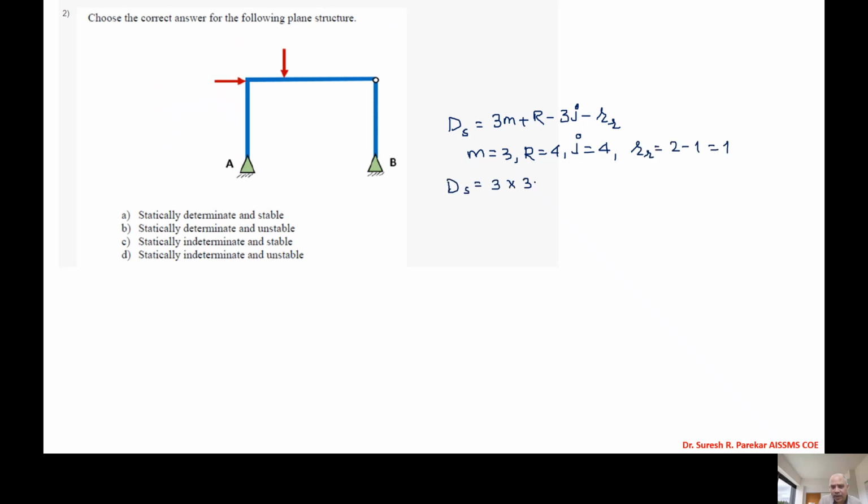So we get ds equal to 3 into 3 plus 4 minus 3 into 4 minus 1, and then we will get 0. So statically determinate and stable, we have answer is A.